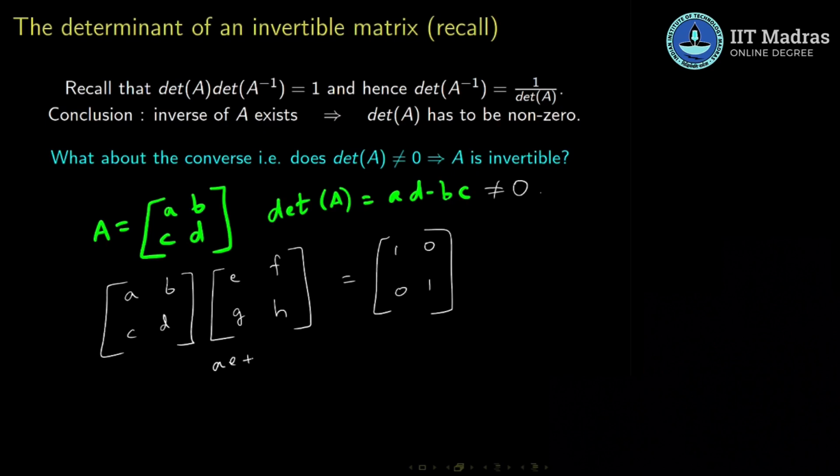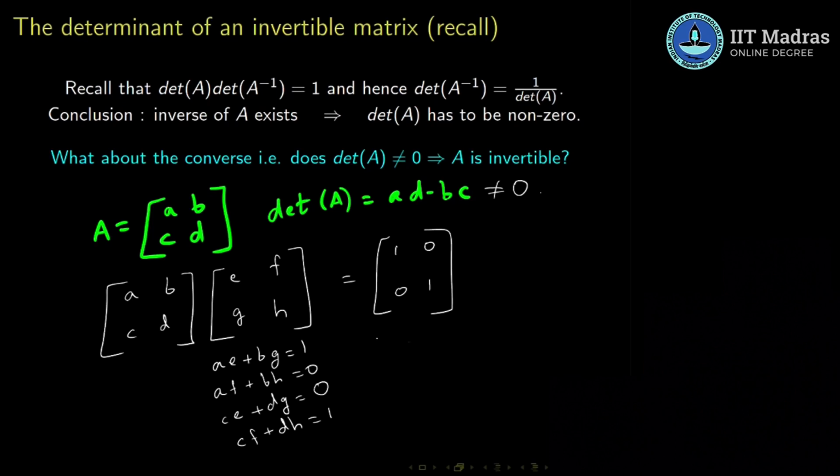I get AE plus BG is 1, AF plus BH is 0, and then CE plus DG is 0, and CF plus DH is 1. My bad, CE plus DG is 0 and not 1. Okay, right. So, these 4 equations are what we get by multiplying the left hand side. That is how we do product of matrices.